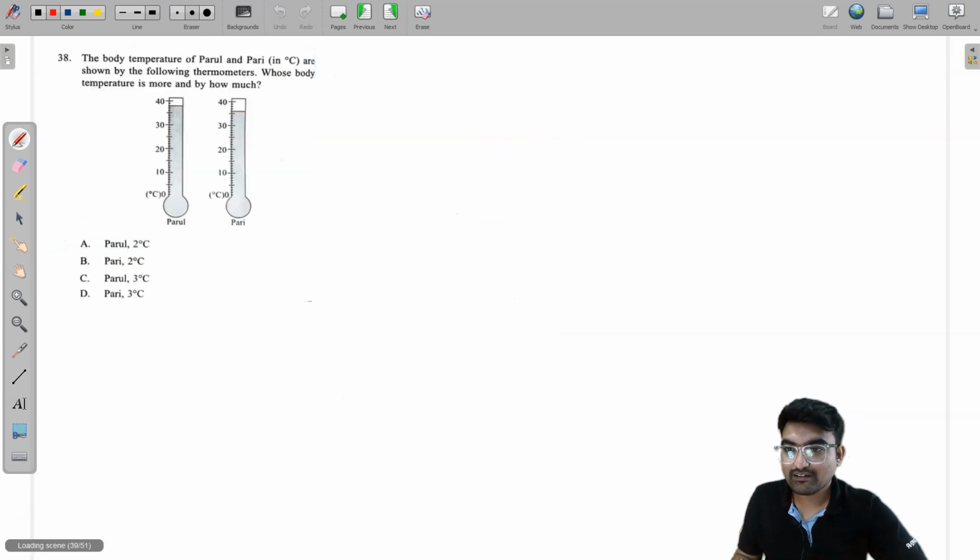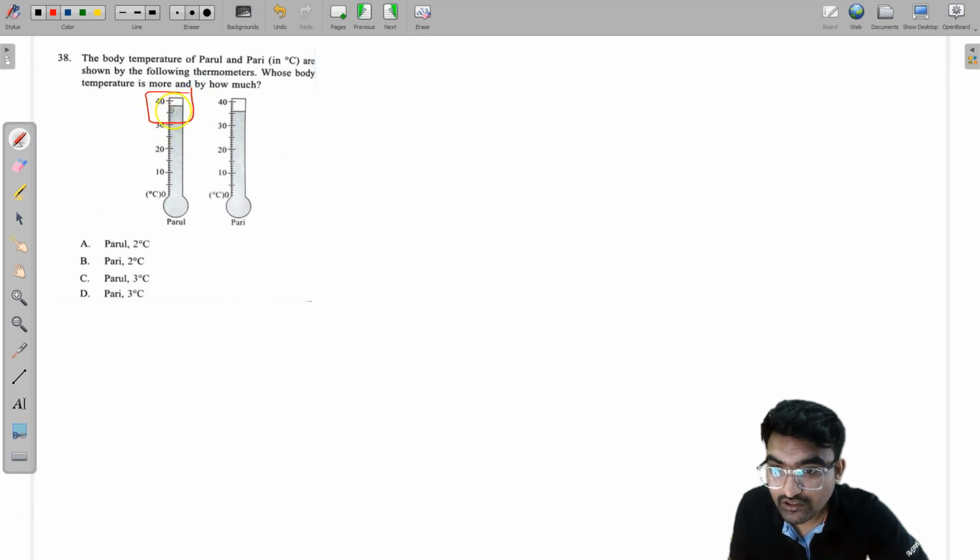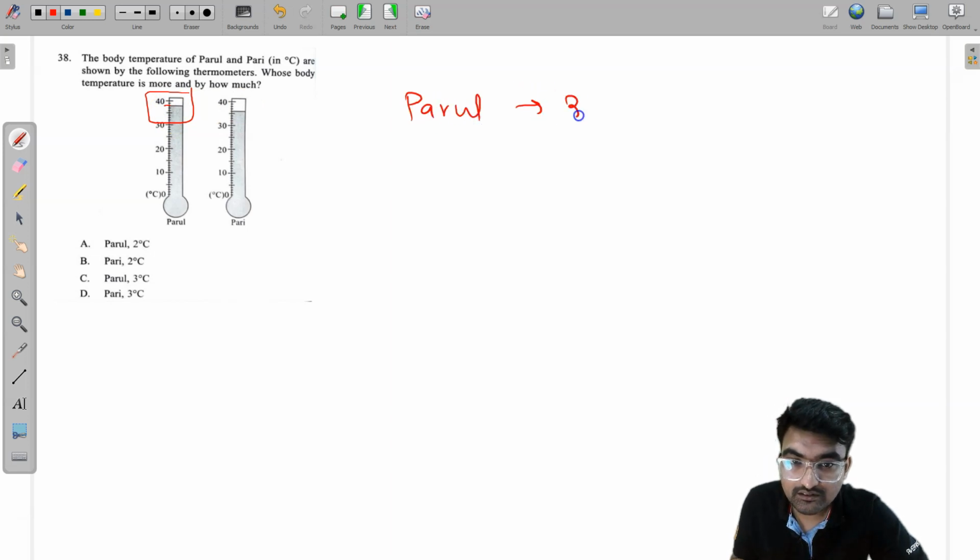Right? Now the body temperature of Parul and Pari are shown by the following thermometers. Whose body temperature is more and by how much? Now we have to observe this carefully. So this is 38 degrees. Parul has body temperature of 38 degrees and Pari has 31, 32, 33, 34, 35, 36.